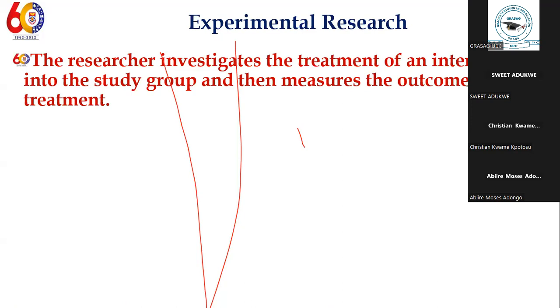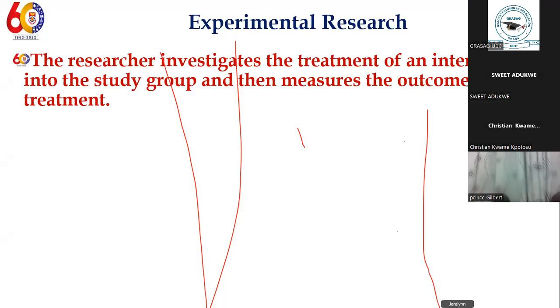we want to see how effective is a particular teaching approach. So in this case, doing a quantitative work, and for that matter, an experimental study, you have to introduce this particular teaching method into a study group, because without some of these experiments, it is very difficult to know the effectiveness.